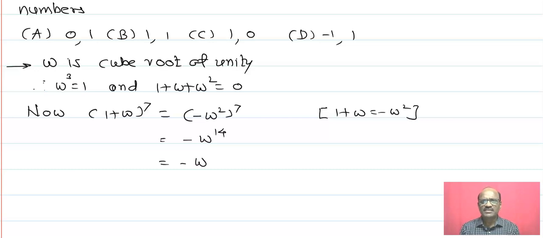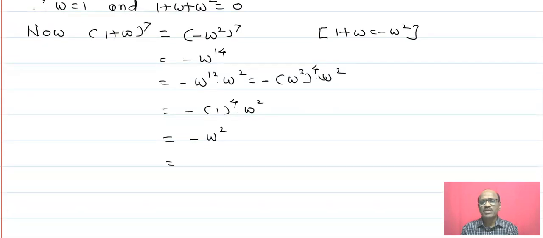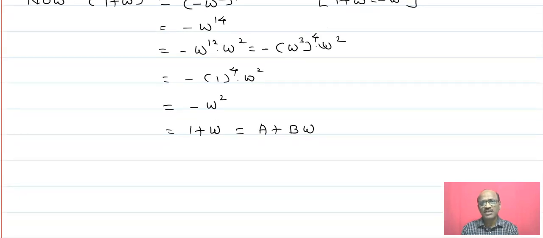Therefore, you will get (minus omega square) raised to 7, that is minus omega raised to 14, and again it is written as minus omega raised to 12 into omega square. Again omega raised to 12 can be written as (omega cube) raised to 4. But what is the value of omega cube? It is 1. Therefore it is 1 raised to 4 into omega square. And again we get minus omega square. But what is again the value of minus omega square?